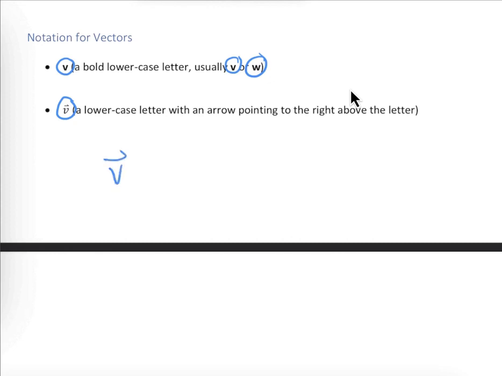But for our purposes, I'll be using the vector with the arrow over the top of it. In some classes, you may also see a little hat like this over the top of a lowercase letter, and that would indicate a vector as well. But again, for our purposes, I will usually be using this notation.